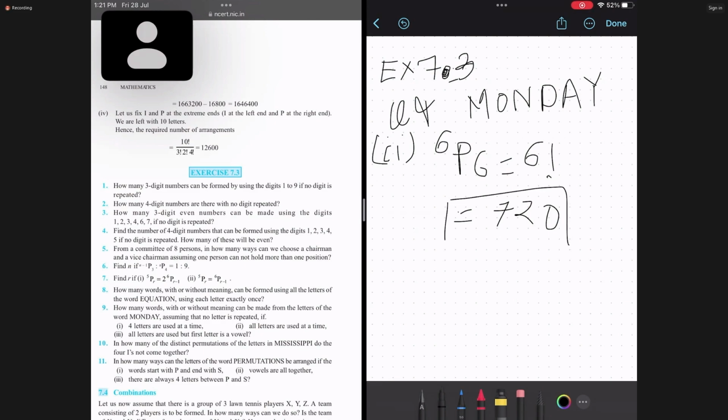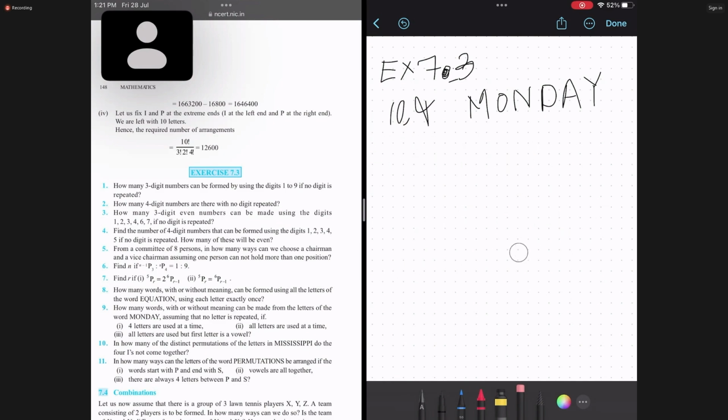So that is all from our end. Now moving on to the third part. This is the most interesting part of the question. We have 6 places to fill, but the condition that has been imposed upon us is that the first letter of the word is always going to be a vowel.